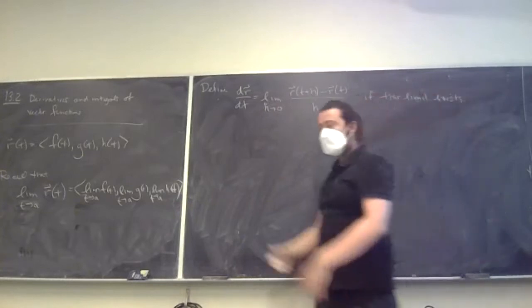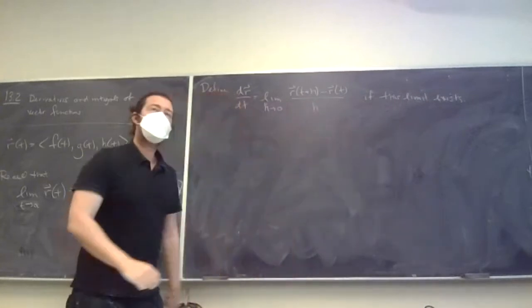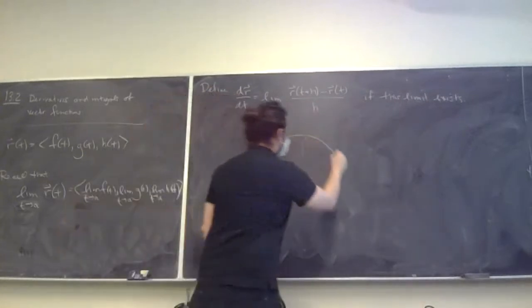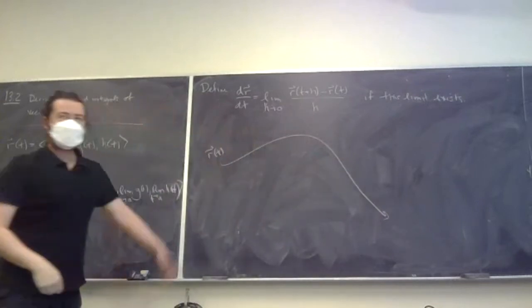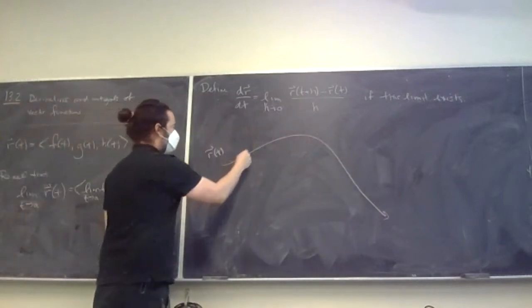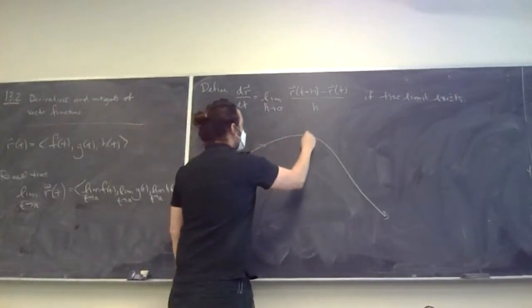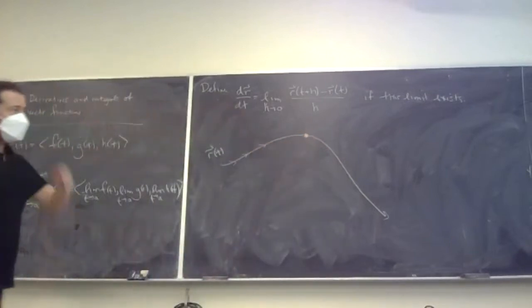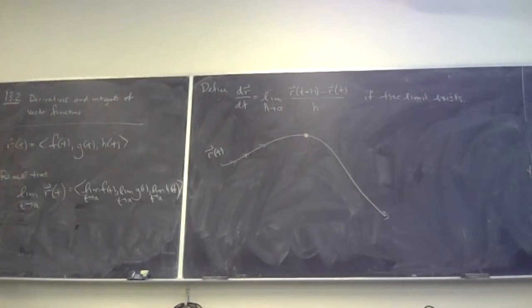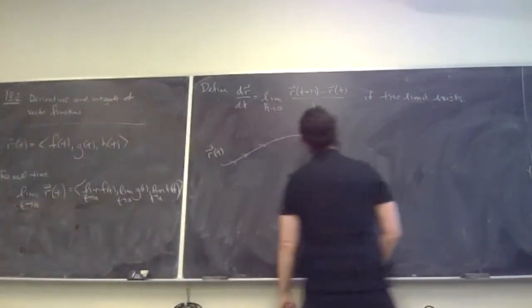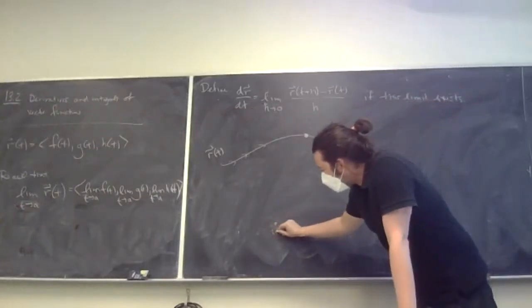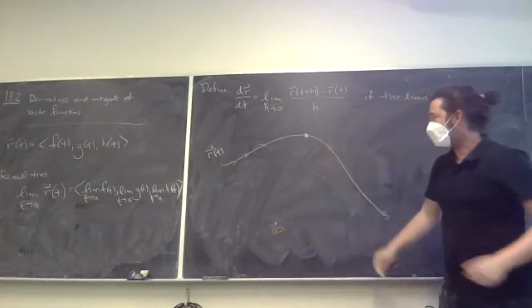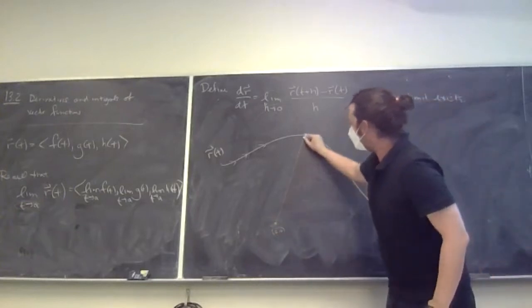Let's see if we can come up with an interpretation of it. So I've got some curve, R of t. There's some particle traveling along that curve. And at some point, you decide, from that point right there, I'm going to figure out what the derivative is. If you imagine down here is the point 0, 0, remember that a vector function has these arrows that connect it.